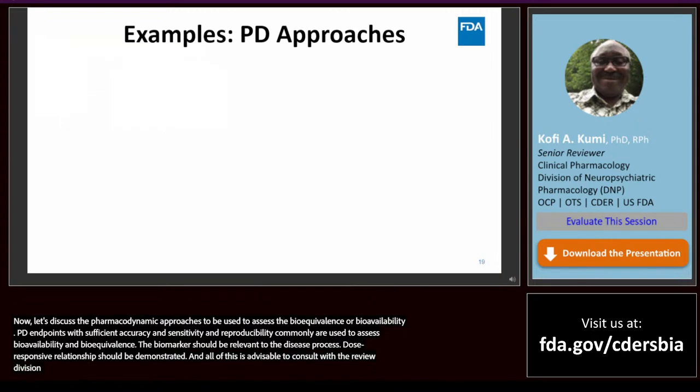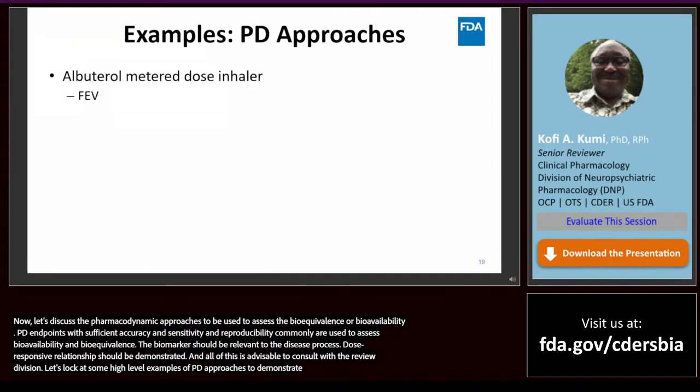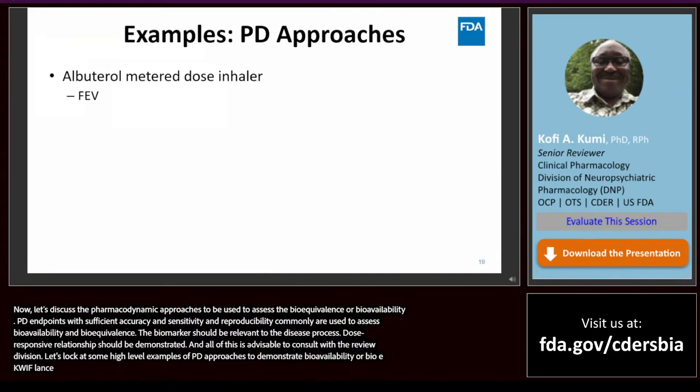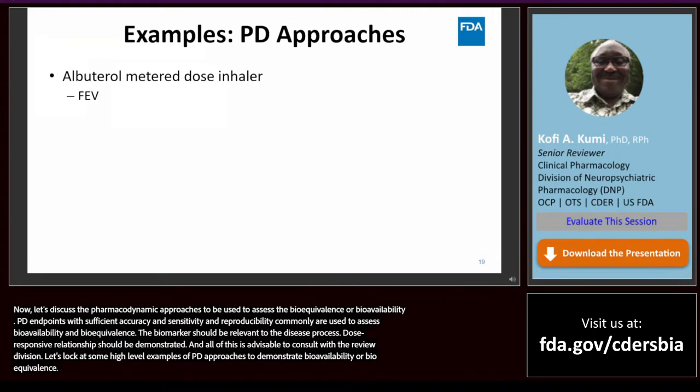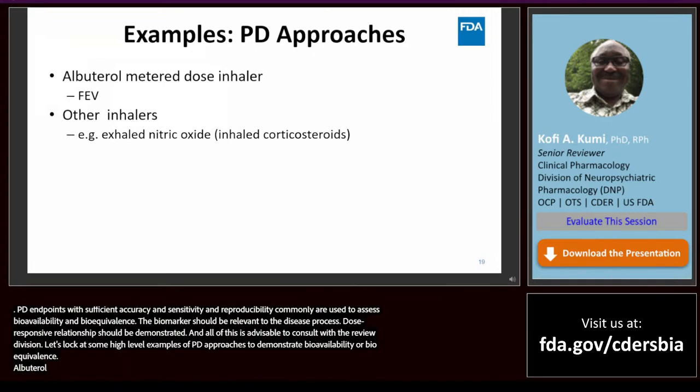Let's look at some high-level examples of PD approaches to demonstrate bioavailability and/or bioequivalence. Albuterol metered-dose inhaler, where forced expiratory volume is used as the PD endpoint. For other inhalers, for example, inhaled corticosteroids, where exhaled nitric oxide is used as the PD endpoint.